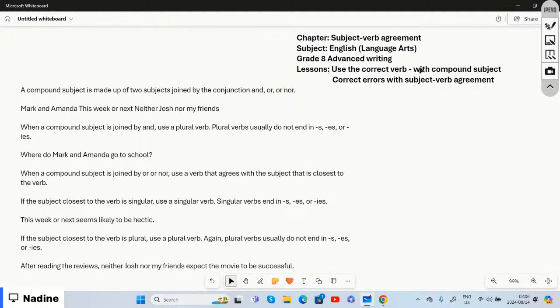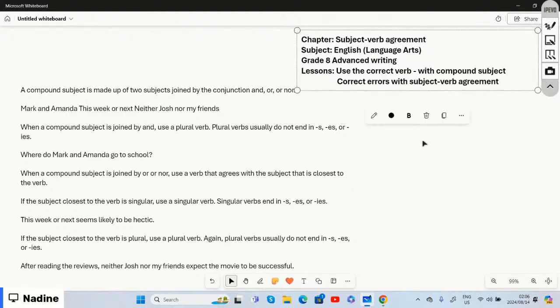So that is going to be our chapter, subject verb agreement, and the lessons are to use the correct verbs with compound subjects and to correct the errors with subject verb agreement.